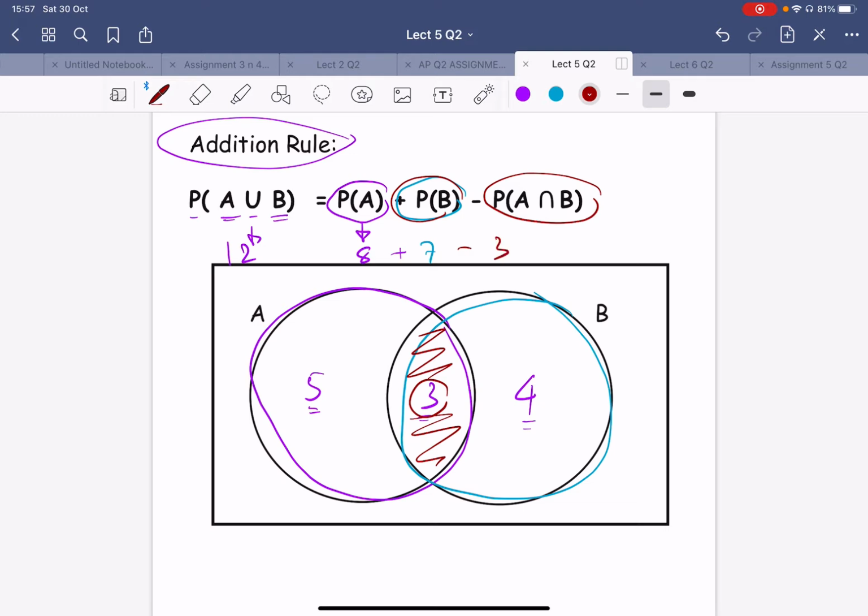Let's simplify this piece. If you simplify this whole piece, 8 plus 7 is 15, minus 3 is 12. See, this is equal to that.